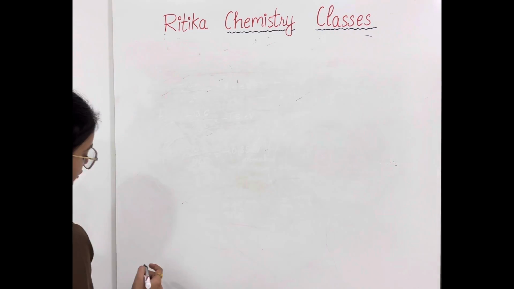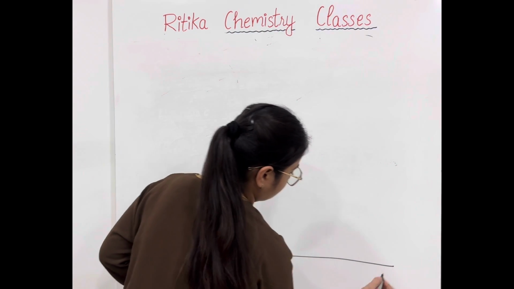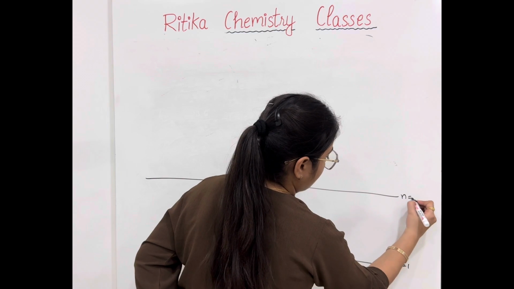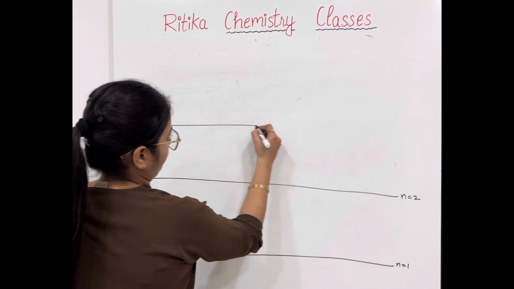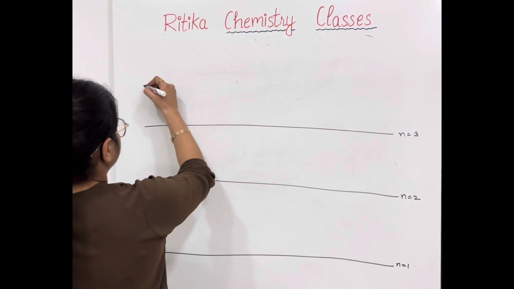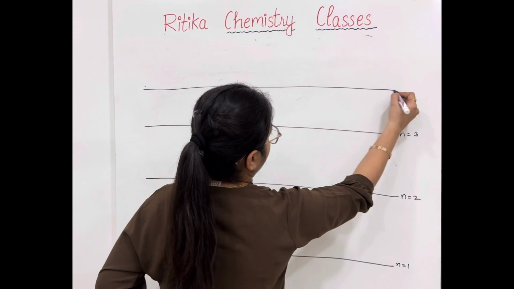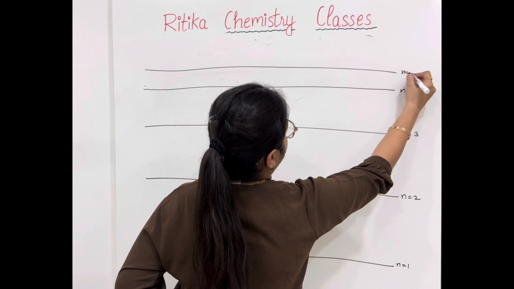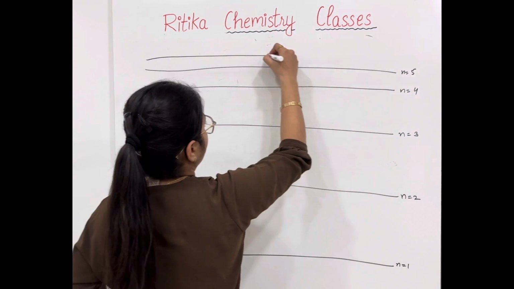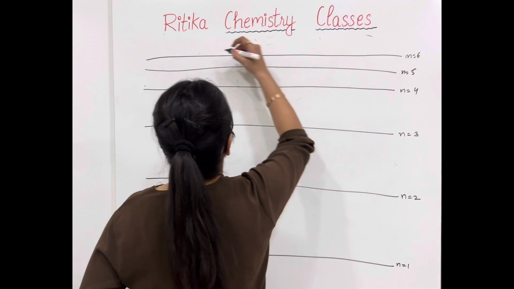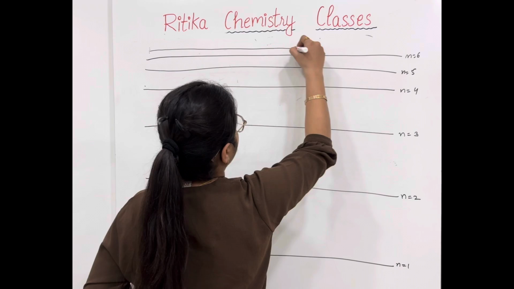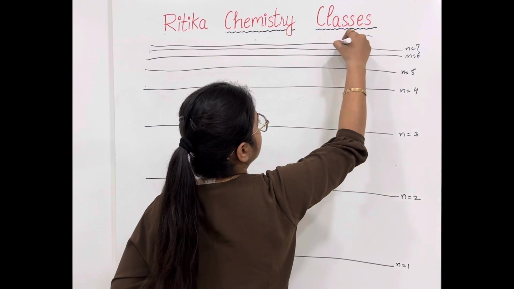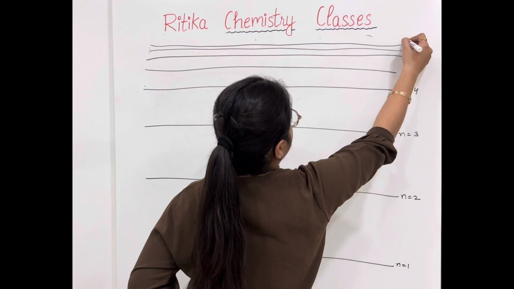So if we plot energy levels, if we want to see the spectrum of hydrogen, let's suppose this is n equals 1, this is n equals 2, n equals 3, 4, 5, 6, 7, 8, and so on.